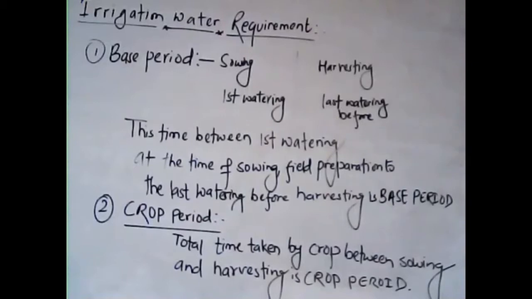From the instant you sow the field up to the instant you harvest the crop and take it home as grain, this whole time period is known as the crop period. So the crop period is slightly greater than the base period.